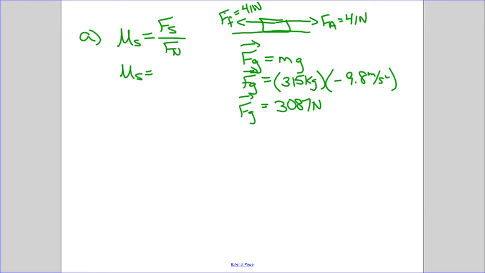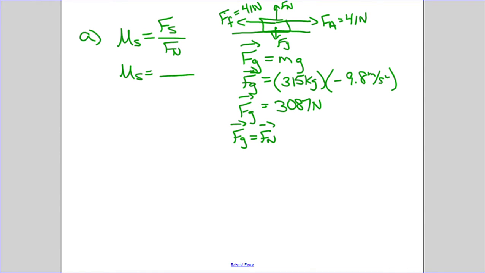And remember, we're just taking a look at the magnitude. It is going downward, but because we're asked to solve for the coefficient of static friction, we're just looking for the magnitude value of it. The force of gravity opposes the normal force moving upward. Because these objects are in contact, I can make the assumption that the force of gravity is equal to the normal force.